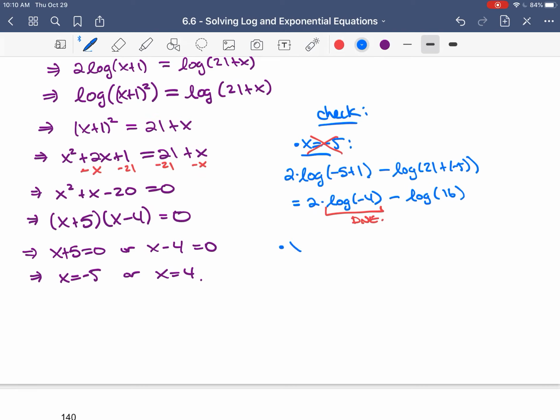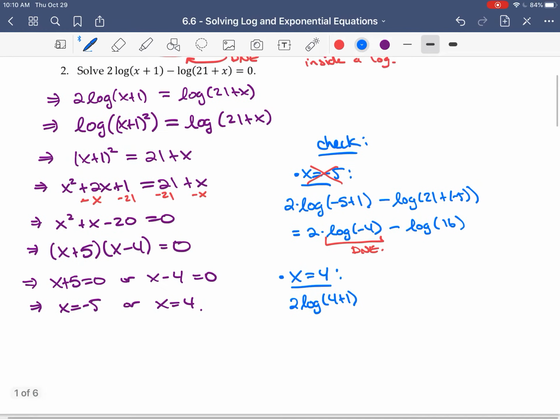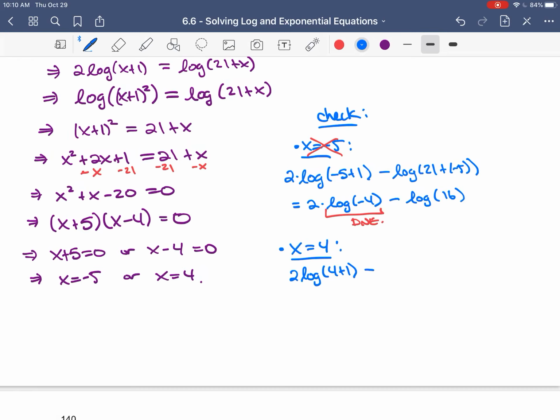Okay, so now we try x equals 4, and we have 2 log of 4 plus 1 minus log of 21 plus 4. So that's 2 log of 5 minus log of 25.